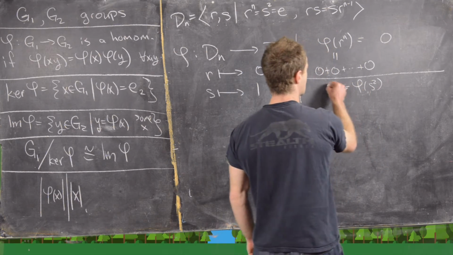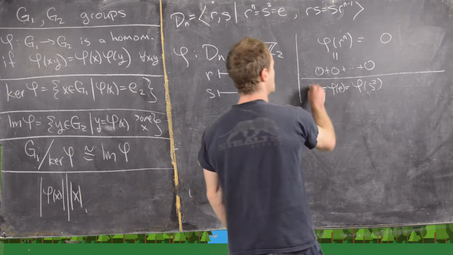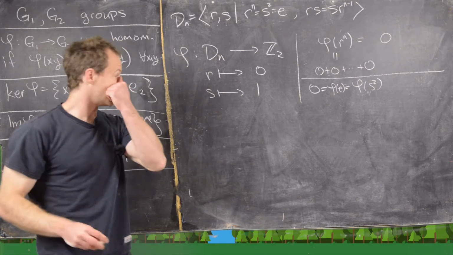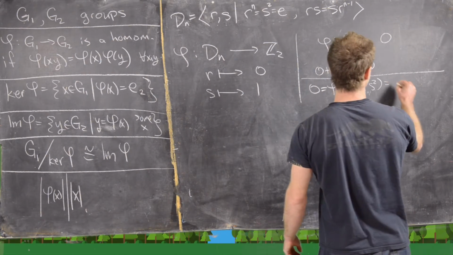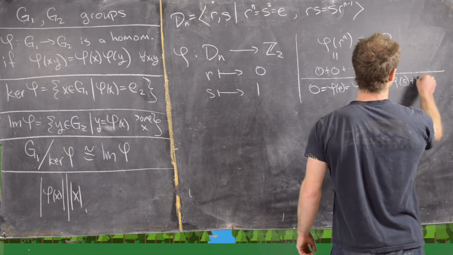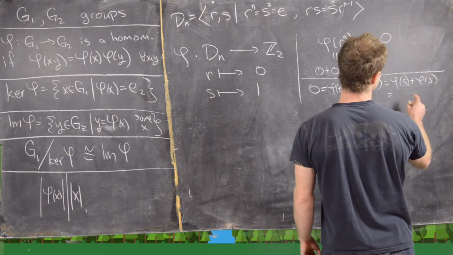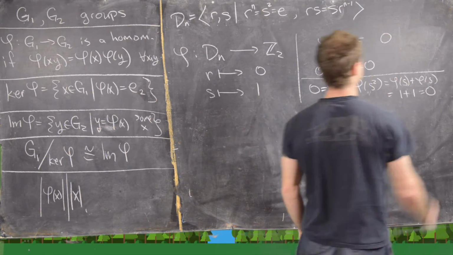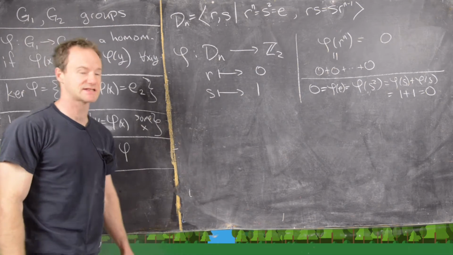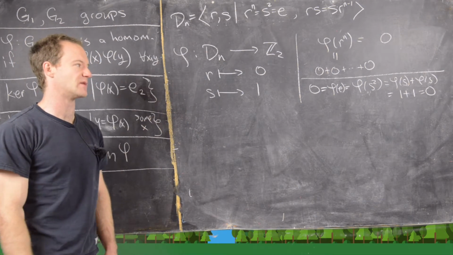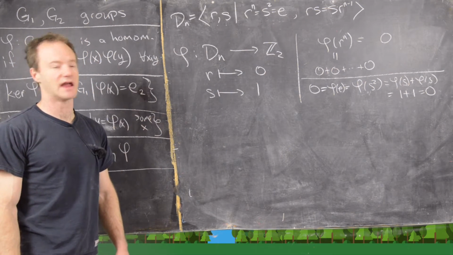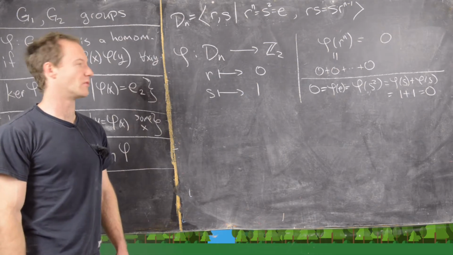On the one hand, that's the same thing as phi of e, which should be 0. But then on the other hand, that should be equal to phi of S plus phi of S, which is equal to 1 plus 1, which is 0. So yeah, it checks out. So as long as I'm getting a true statement there, this checks out.